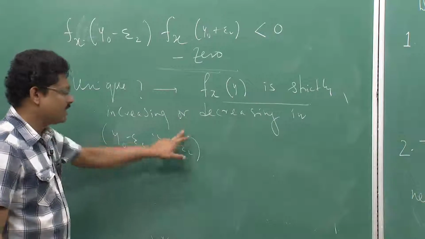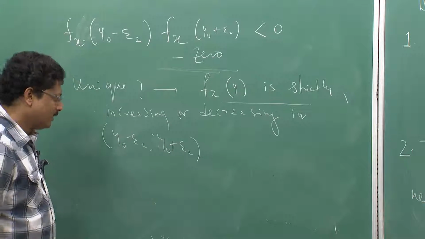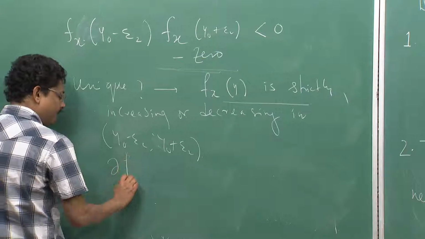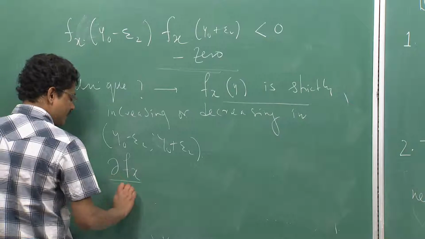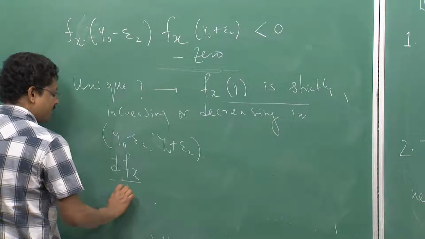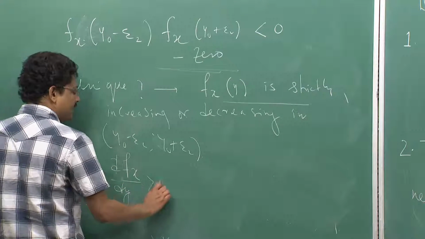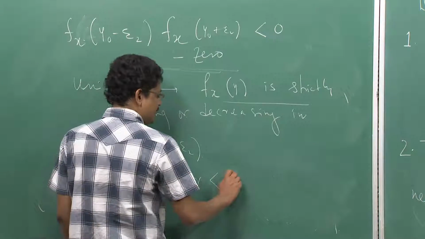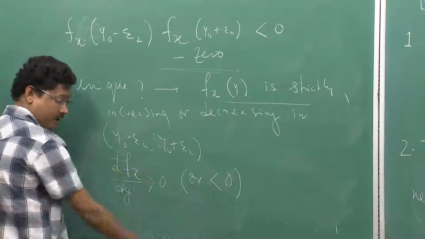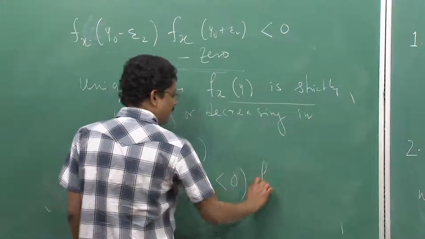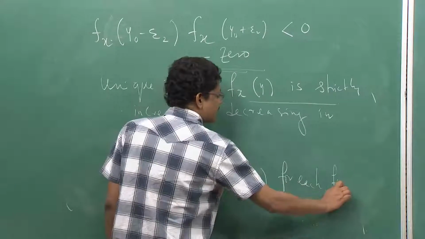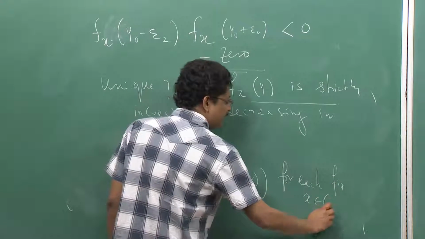And what does it mean to be strictly decreasing or strictly increasing? That means I should have del f by del y greater than 0 or strictly less than 0, so that it is strictly increasing or strictly decreasing for each fixed x in this interval.